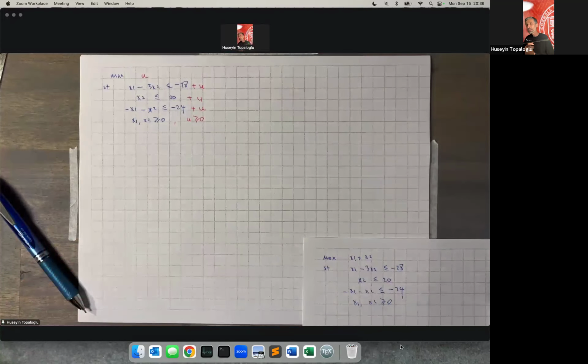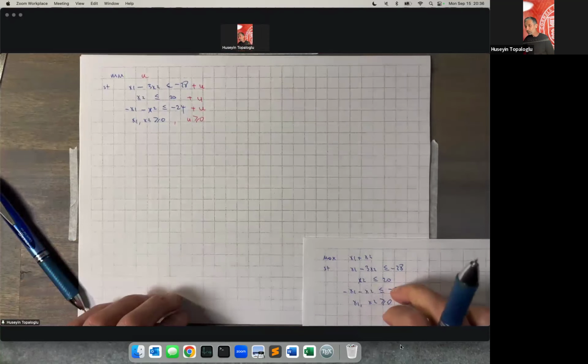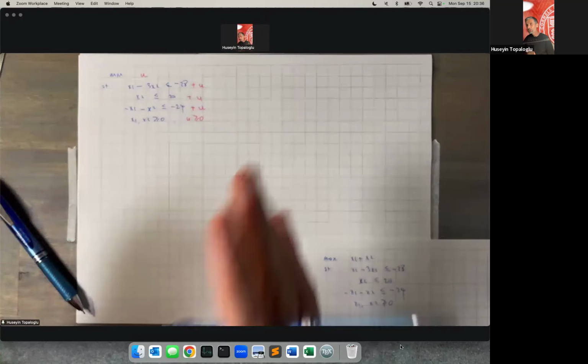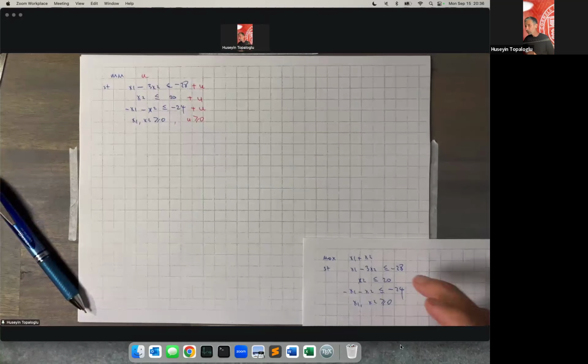We call this the phase-1 linear program because this is the linear program that we solve to find a feasible solution to the linear program that we're eventually interested in solving. So this linear program is only going to find us a feasible solution. Later on, starting from that feasible solution in phase 2, we're going to apply the simplex method to find the optimal solution.